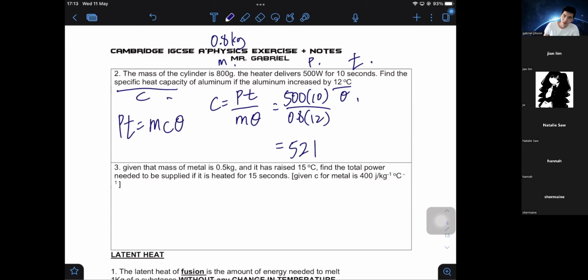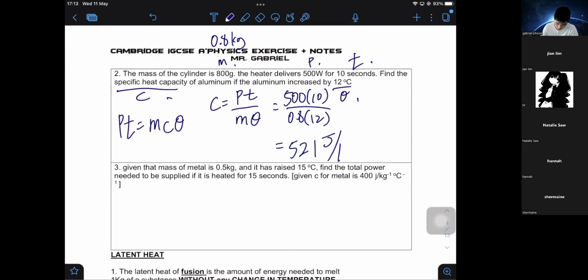What's the units again, guys, for specific heat capacity? Jenlin, what's the units for specific heat capacity? Jenlin, are you there? Joules per kg degree Celsius, excellent.